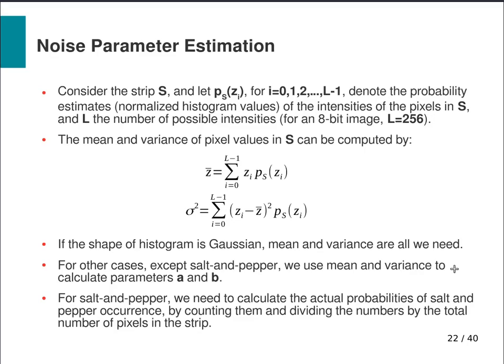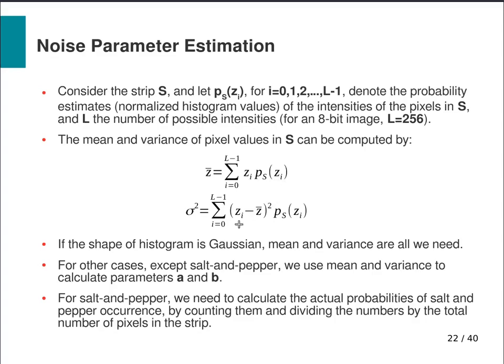Based on this, the mean and variance of pixels can be calculated based on the equations that we have for the mean and intensity as we saw before. The mean is going to be the summation over i changing from 0 to L minus 1 of z_i, basically the intensity value multiplied by its probability.